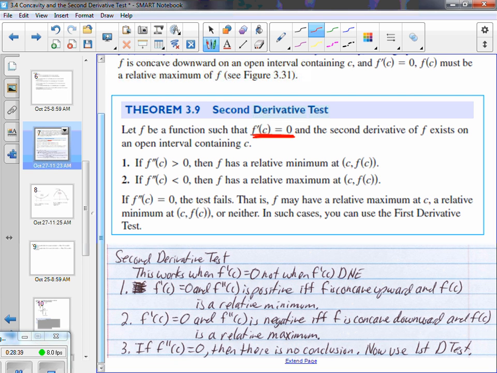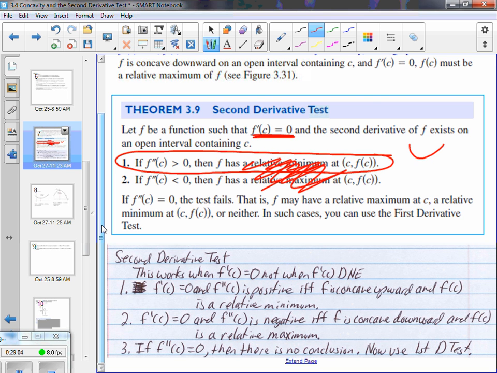But here's the way it works, and it's really nice and neat and easy to do when it works. If the second derivative is greater than 0, that means the second derivative is positive. If the second derivative is positive, what's the concavity of the function? Up. So, if the second derivative is positive, our function's concave up for that whole interval where the second derivative is positive, right?